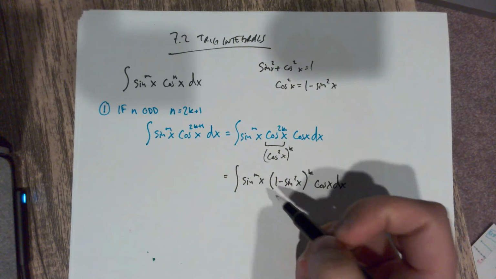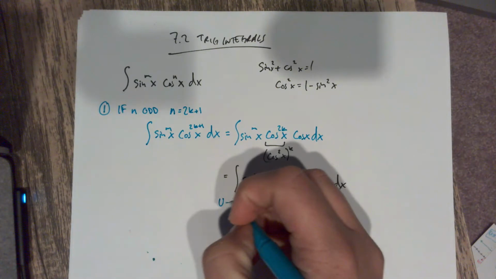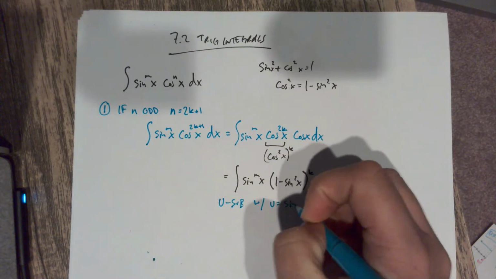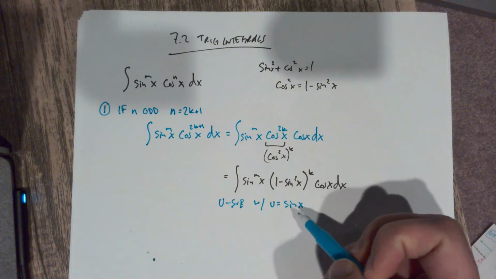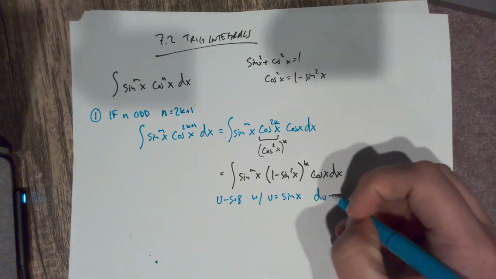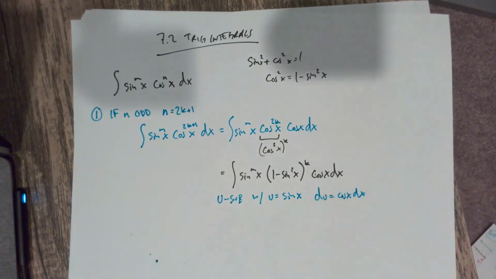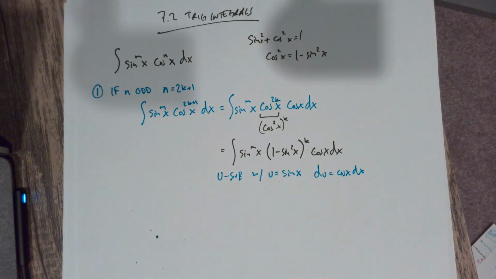From here, I can use u substitution with u equal to sine of x, because then the derivative, du, would be cosine x dx, and we get this part being our du quite nicely. I'll show a specific example of that in a little bit, but those are the generic steps we would take if n is odd.